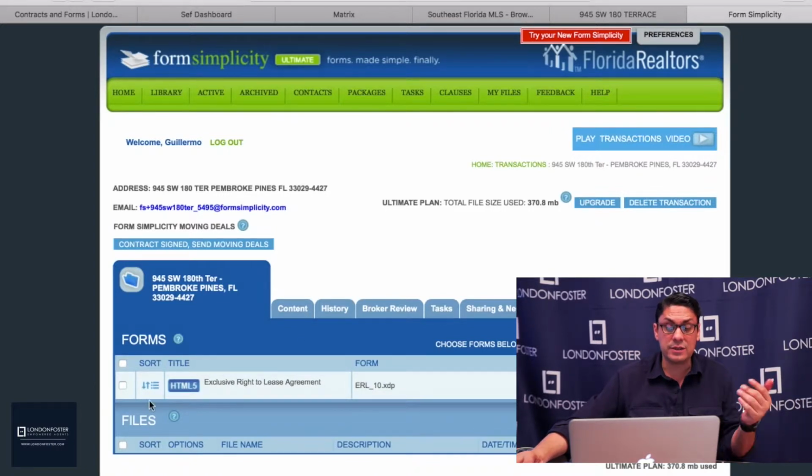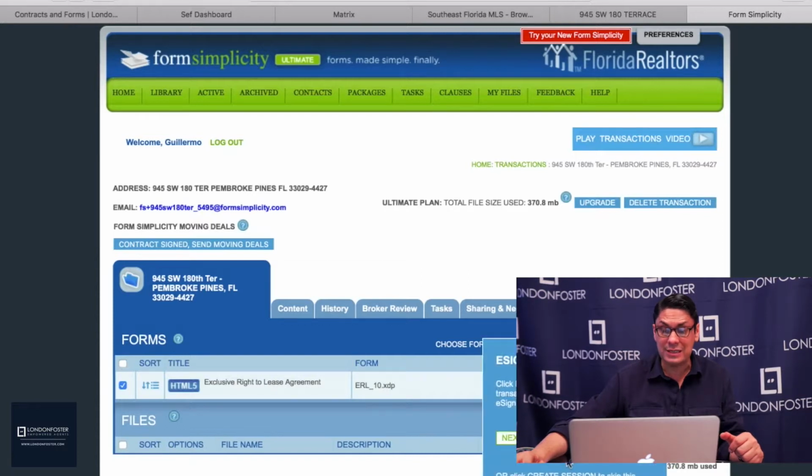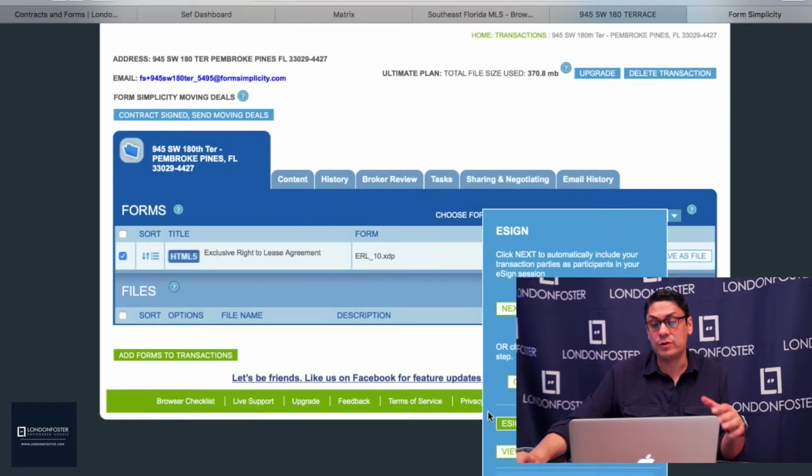We've gotten it through the content, we filled it out, but now we need to have it signed. So what we're going to do is click on the contract that we want to get signed. We're going to click down on the choose forms below and go to the e-sign function. When we go to the e-sign function, it asks, would you like to use the terms that you have on here?